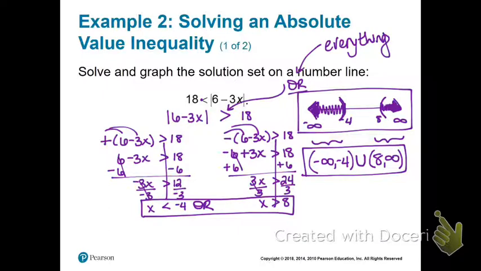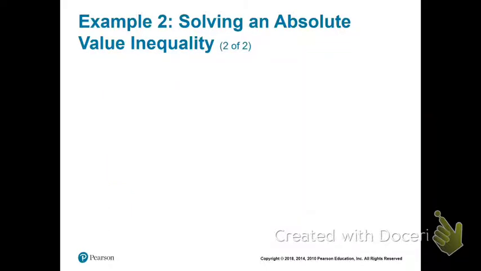Now, I know the next slide is blank, but I'm going to make up a problem with some other stuff that we need to talk about. So, what if I had like 2 times the absolute value of 2/3 x plus 3/4 was less than, let's say, 10.